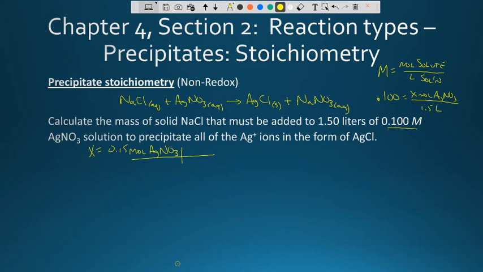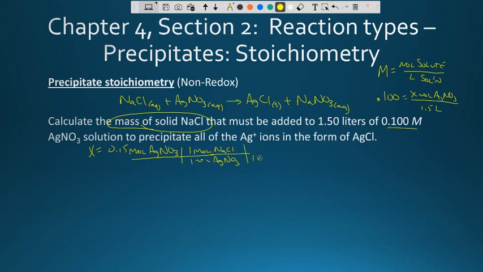Now the problem becomes exactly what we know with our stoichiometry. I know that I have this many moles of silver nitrate, and the question is asking about my sodium chloride. So let's convert from my moles of silver nitrate into my moles of sodium chloride.